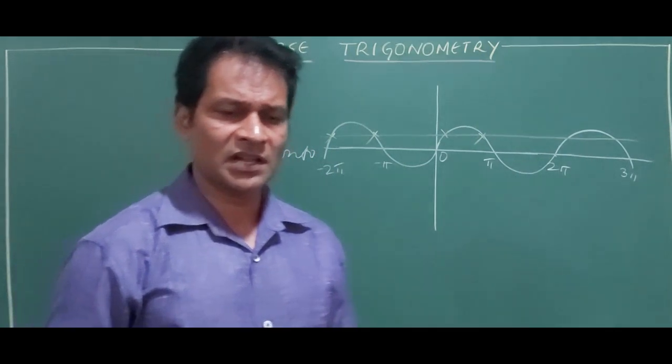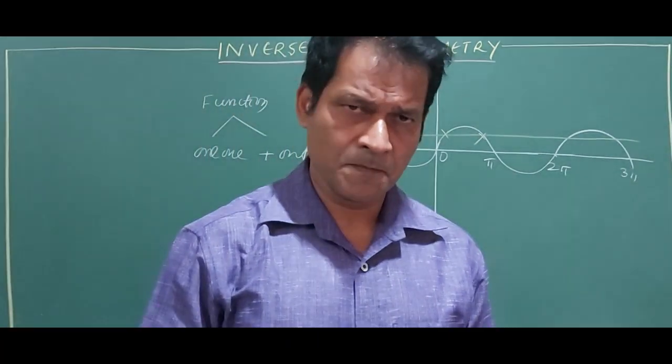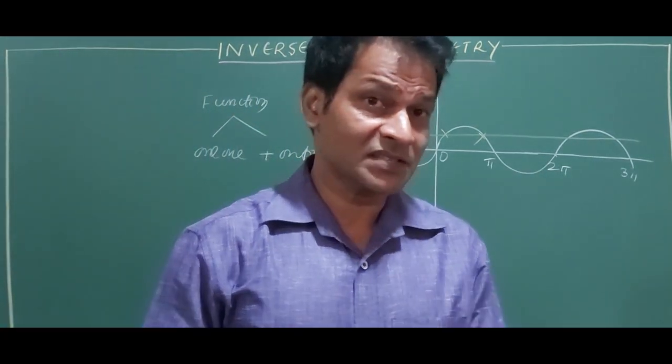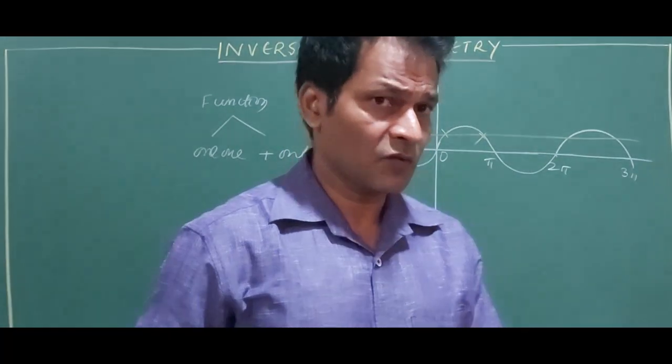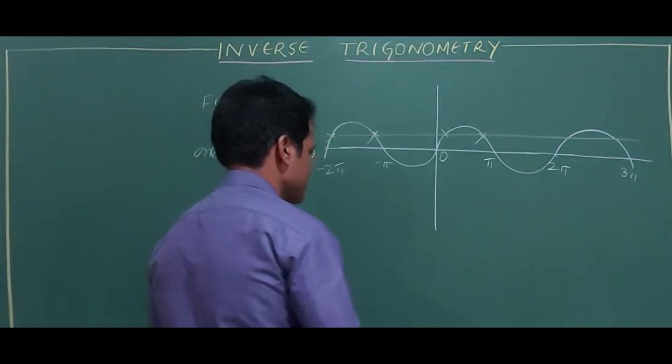When it is not 1-1, there is no question of it being invertible. That means sin x is not invertible if I check at the domain R. Then what do I have to do? Similarly, come back to cos x.